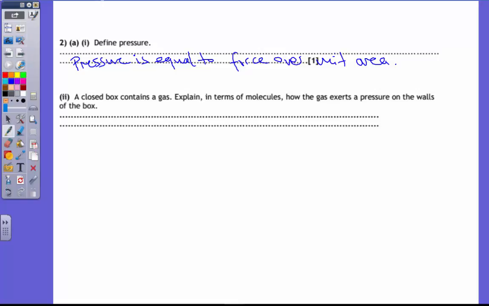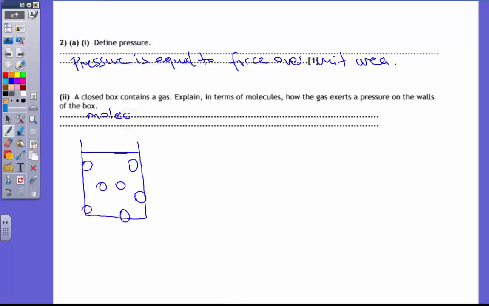Explain in terms of molecules how the gas exerts a pressure on the walls of the box. When we have a closed box like this one with air inside, the particles move freely, and they collide with the wall and each other, so the molecules exert force on the wall.